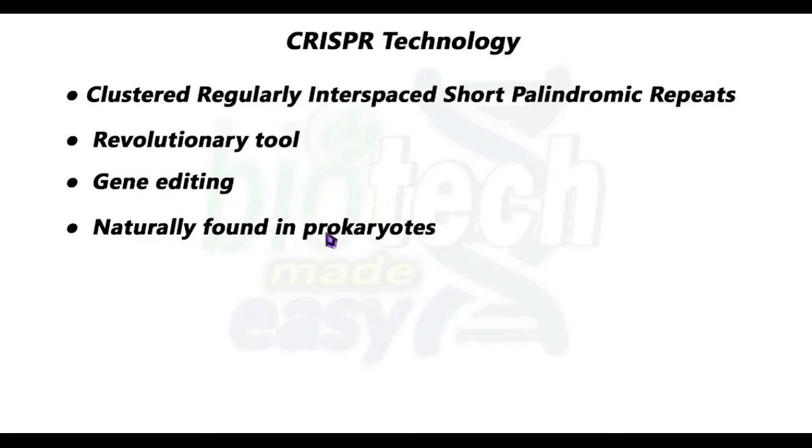That means if an infection has occurred in the past, it will be remembered by the bacterial cell, and the next time, whenever the cell is invaded by the bacteriophage, the immune response would be quicker and more efficient.